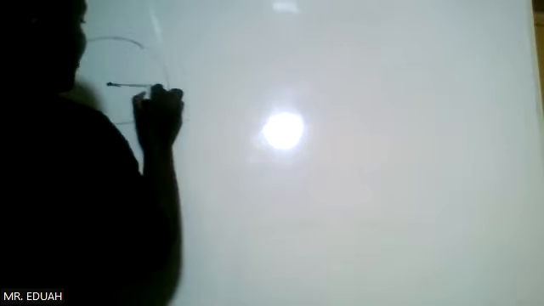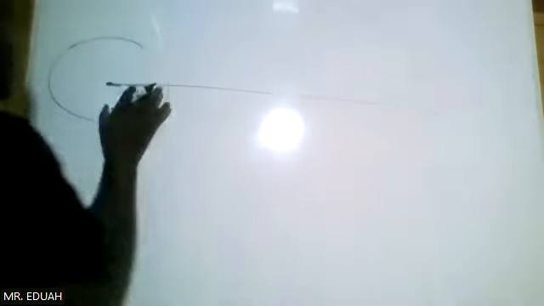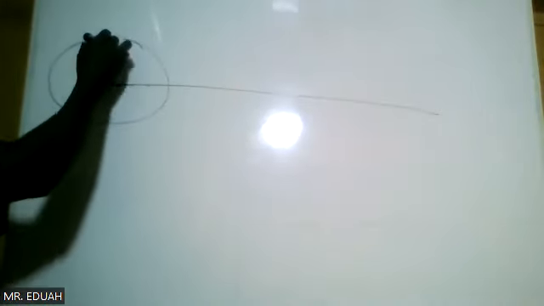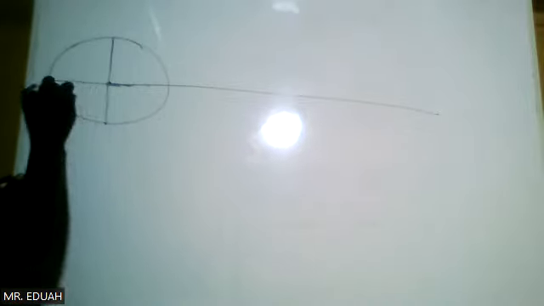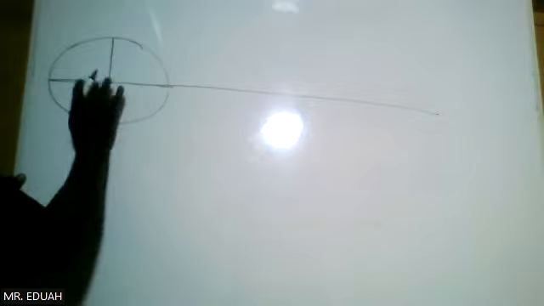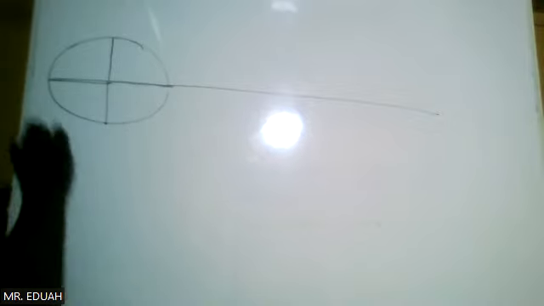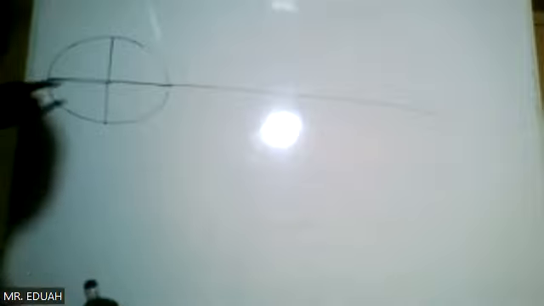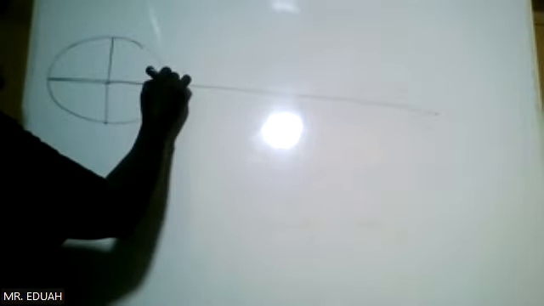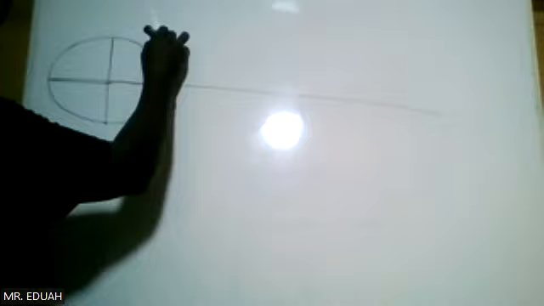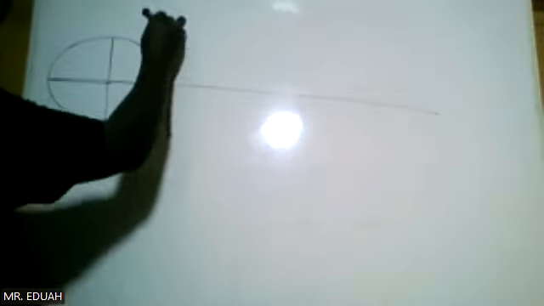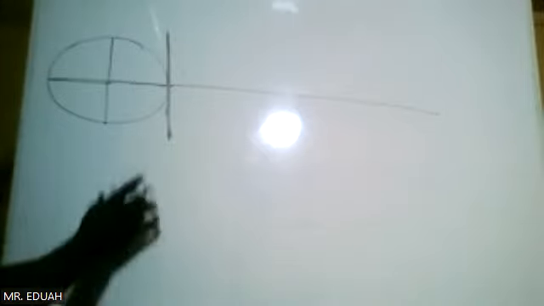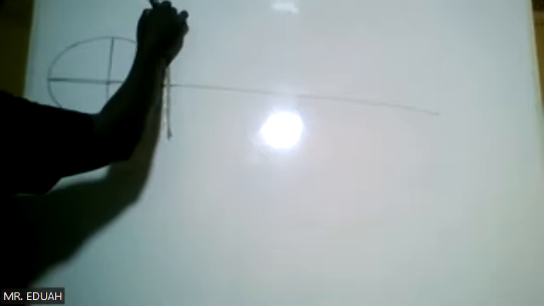We'll draw it over two cycles. We do it with a circle because any circular motion produces simple harmonic motion. So this is y. This is t.